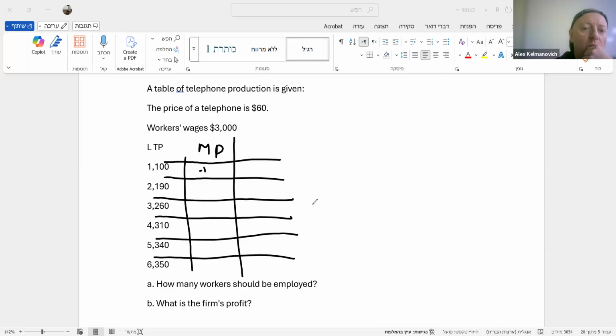Okay, so we have 100, 90, 70, 50, 30, and 10. And in the next step, we calculate the VMP. Okay, we have the price of the phone, $60.